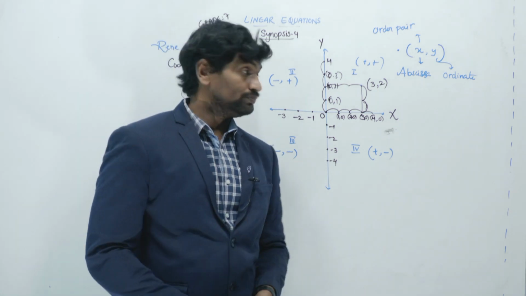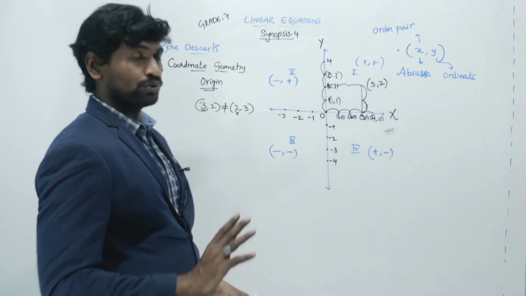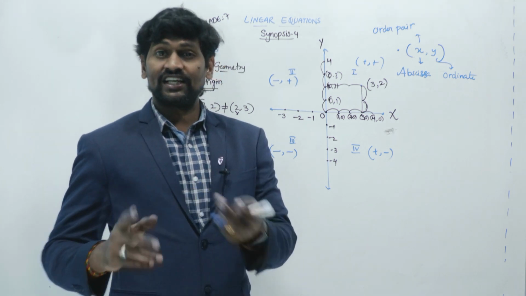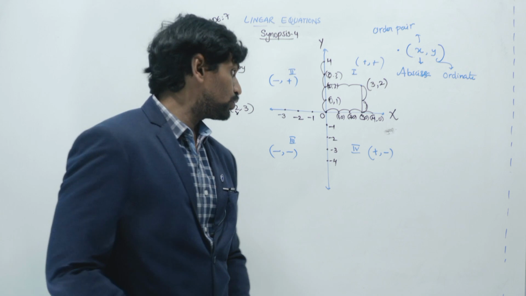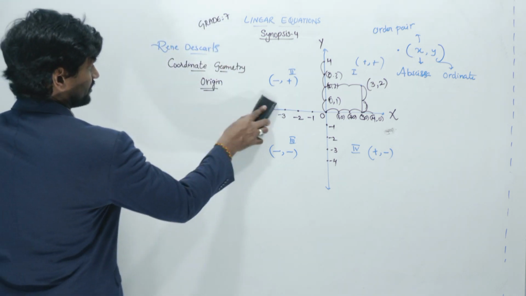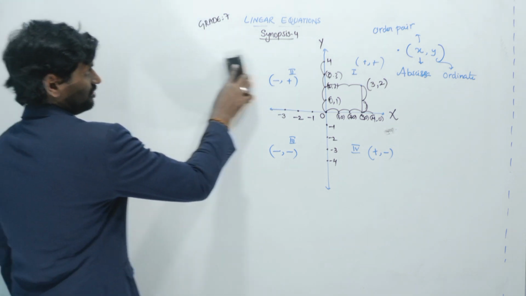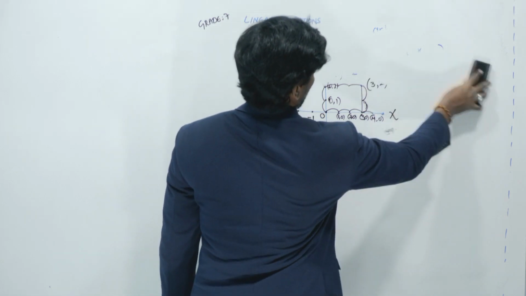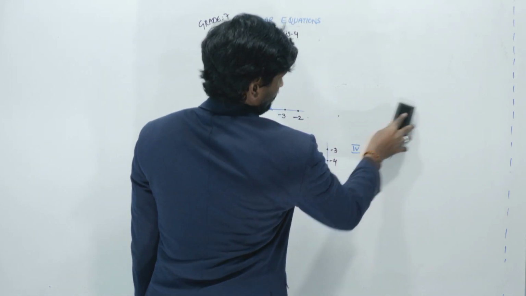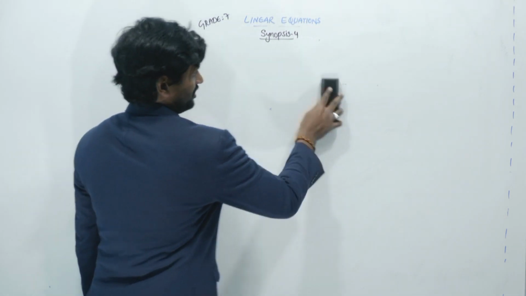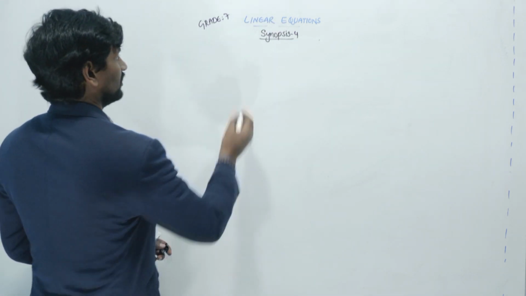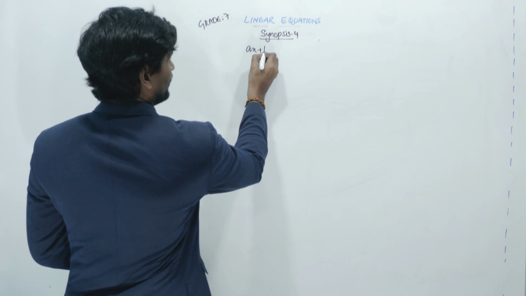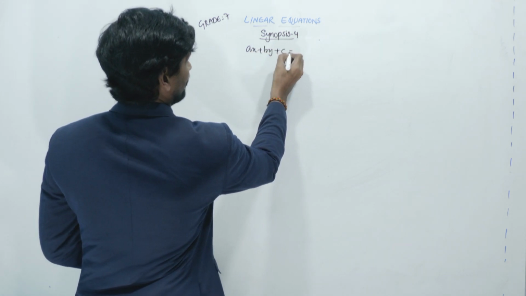Right. Now, if you take any two lines or any two linear equations, we have already discussed that a linear equation in two variables is in the form ax plus by plus c equals 0.